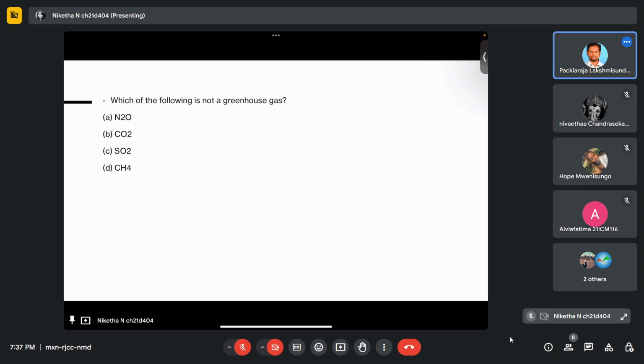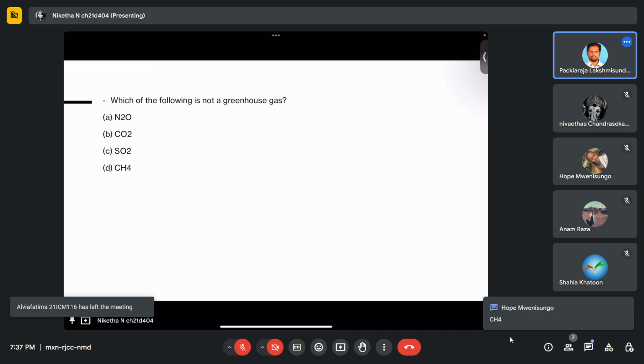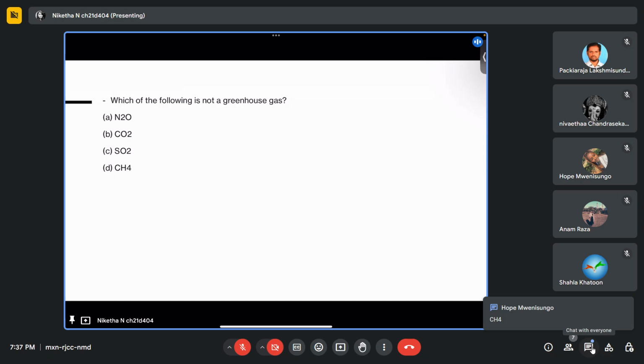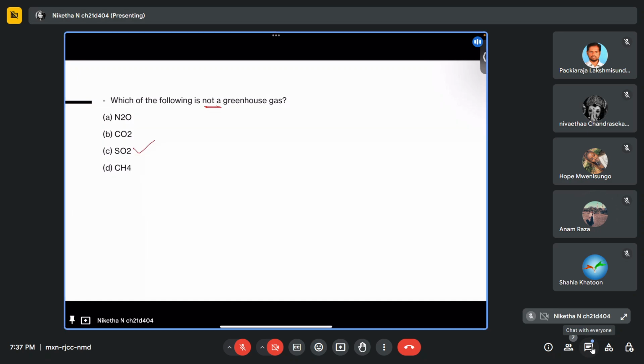N2O. That's not correct. No, I think there is a slight misunderstanding. I'm asking which of the following is not a greenhouse gas? Sulfur dioxide. Yeah, that's correct. So sulfur dioxide is not a greenhouse gas. The rest of them are greenhouse gases which cause global warming.